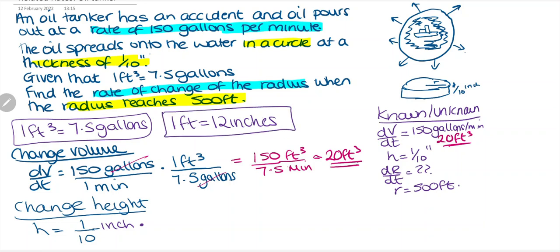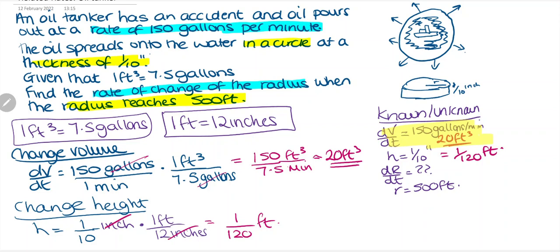So this is going to be 1 foot over 12 inches. The inches will cancel out, so we're left with 1 over 120 feet. So our depth is going to be 1 over 120 feet.